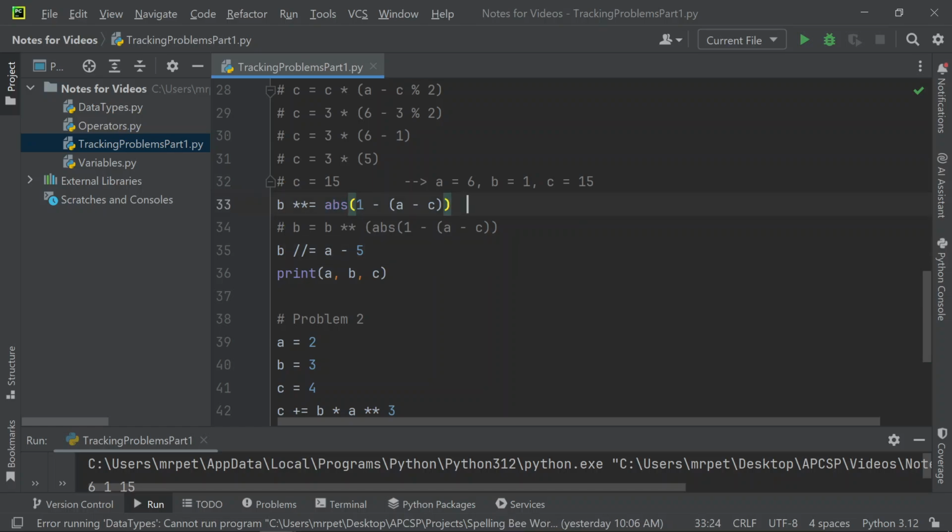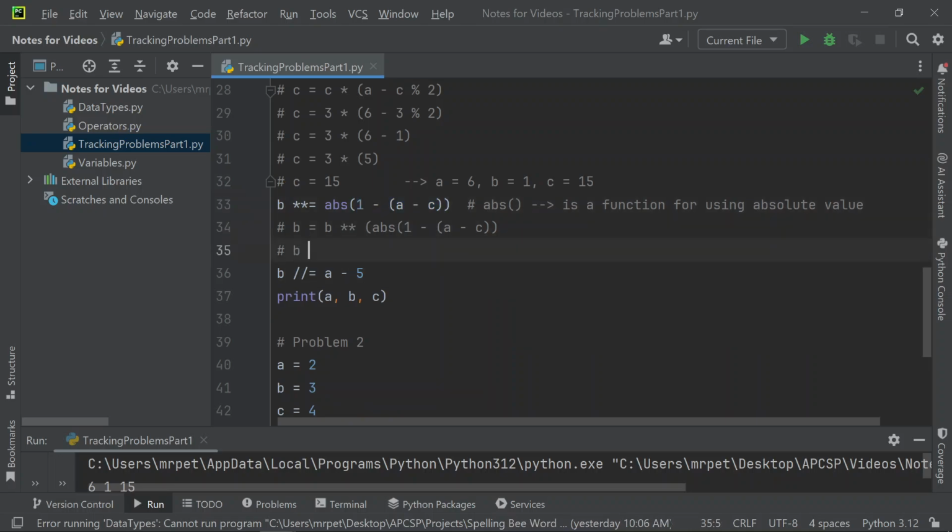When we have something that's highlighted blue, that means it's something called a function. So abs is a function for using absolute value. So all this is going to do, this is something called a built-in function. It's going to take whatever is in the center here, whatever the result of this expression is, and it's going to take the absolute value of that result.